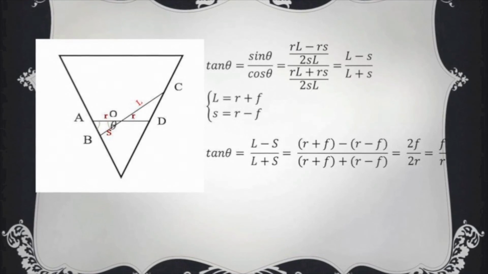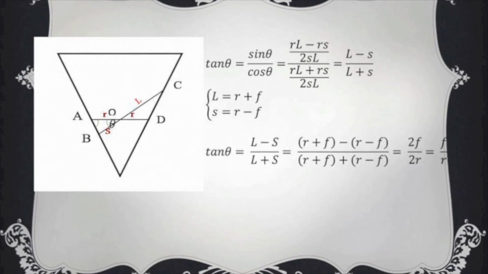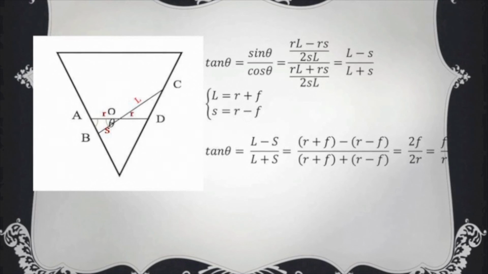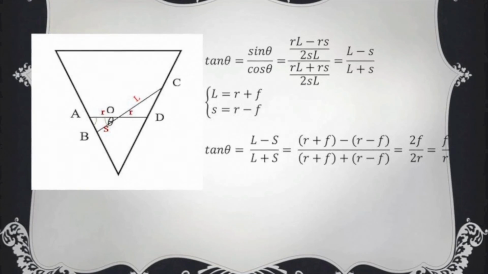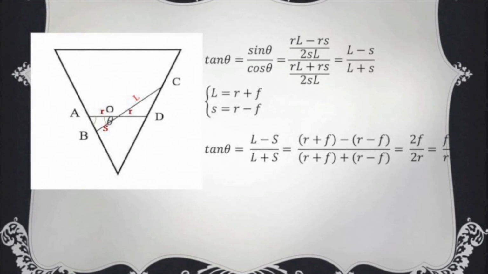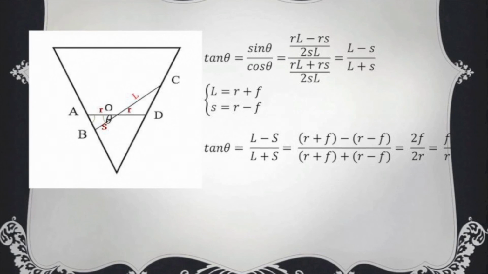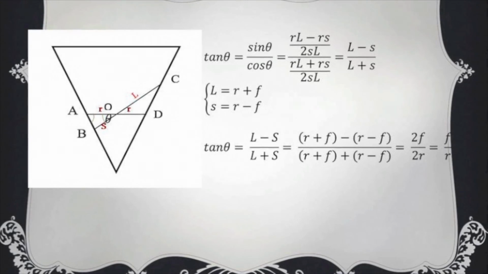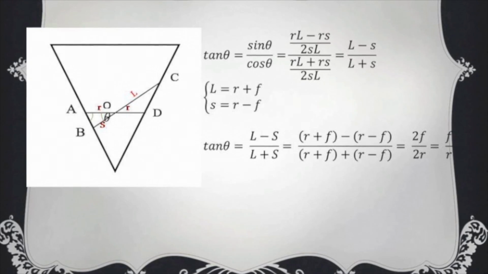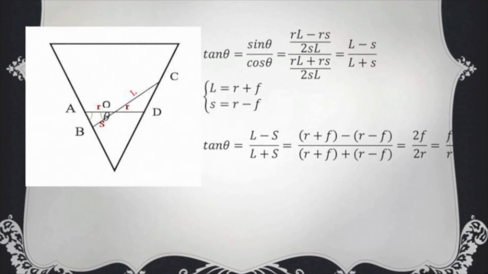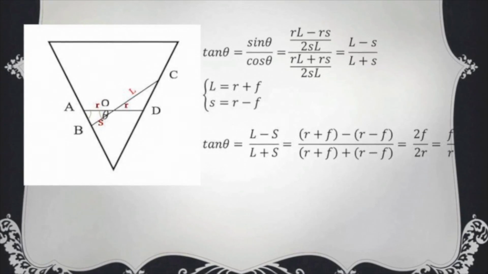So tangent theta equals sine theta over cosine theta. As we know from the previous slide that sine theta equals (RL minus RS) over 2SL, and cosine theta equals (RL plus RS) over 2SL. So the tangent theta becomes (L minus S) over (L plus S).